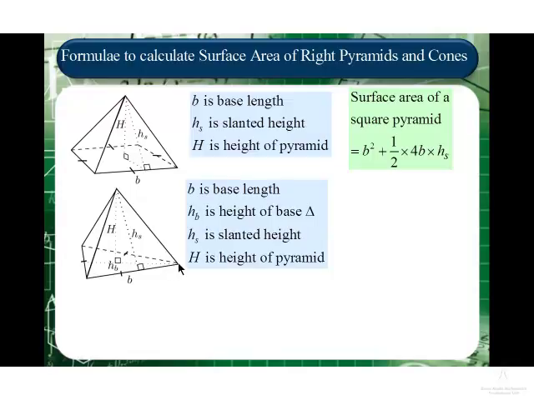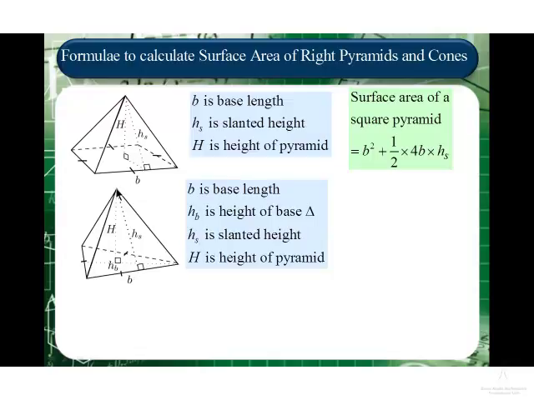Look at the midpoint for the base and a line from the opposite vertex to that particular point will be perpendicular on the base, but that distance will then be the height of the base triangle in such a case. We have another height to consider in this case. Again, the slanted height, h sub s, will be the distance from the midpoint of any one of the sides to the apex along the slanted surface as indicated.